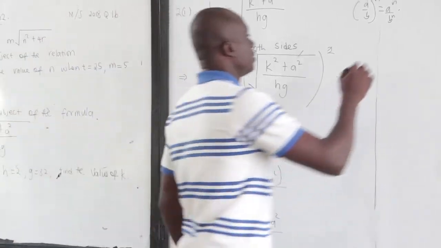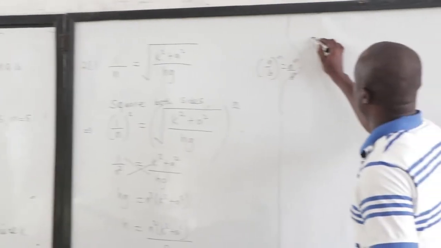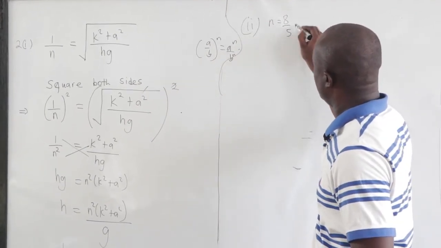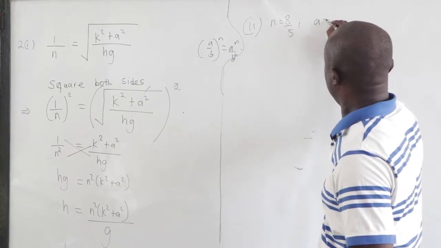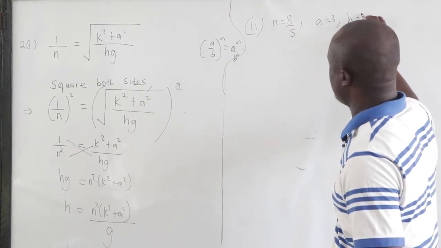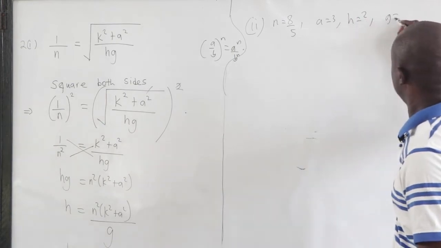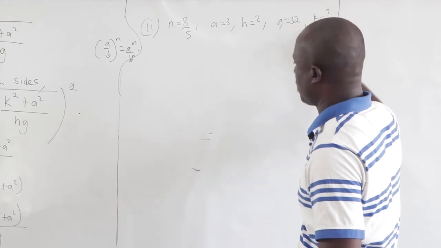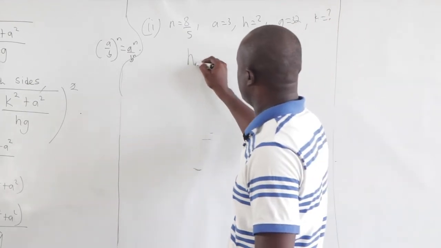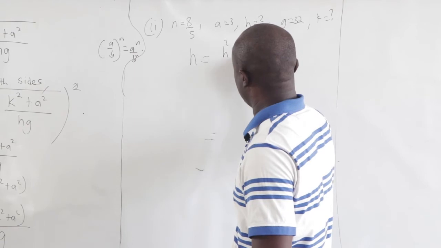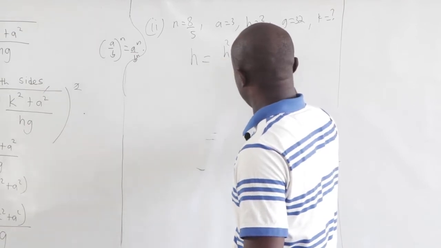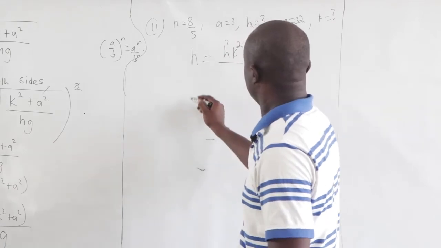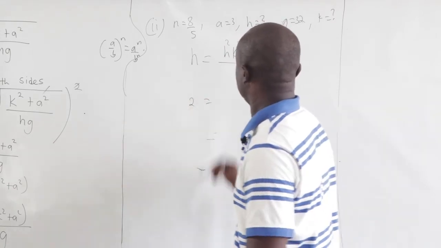Now the second part is saying that if n is 8 over 5, a is 3, h is 2, j is 32, we should find the value of k. Now what is h? The h was n squared k squared plus n squared a squared all over j.